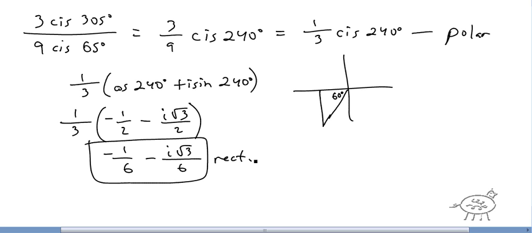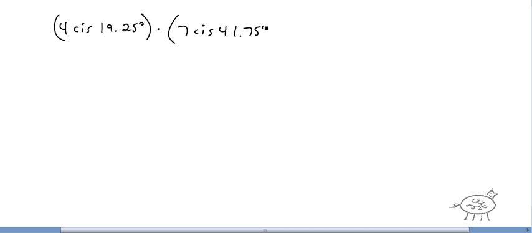Of course, just using your calculator, real quickly, if I told you 4 cis 19.25 degrees, and that times 7 cis 41.75 degrees. Okay, that'd be brutal. Actually, it's easy in polar. It's just 28 cis 61 degrees. That's really easy. That's polar.